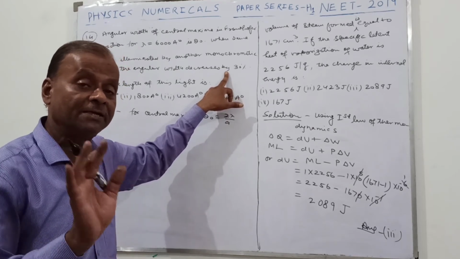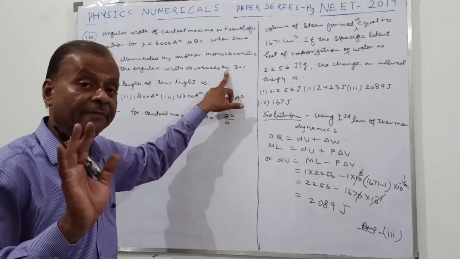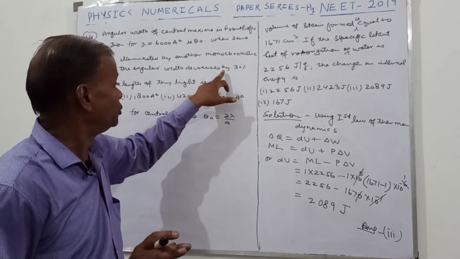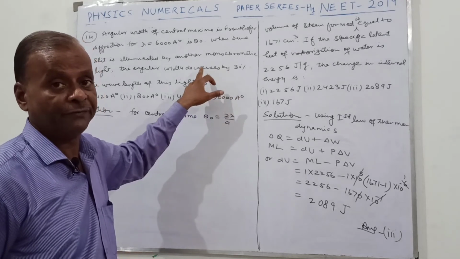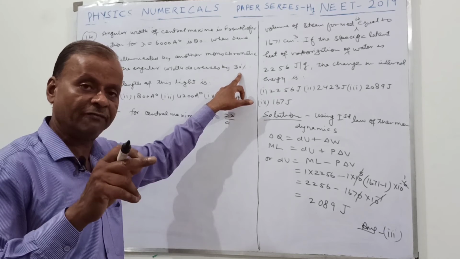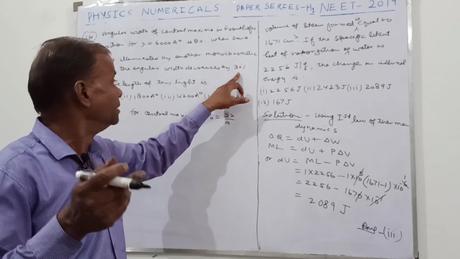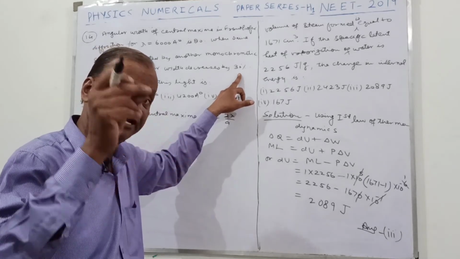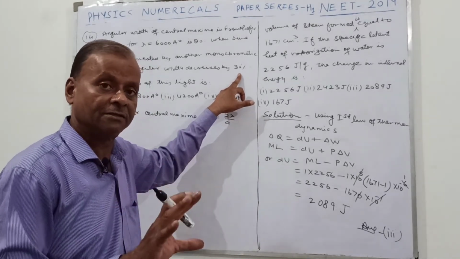This should be kept in mind. When we say by, you have to decrease it from the initial value. When we say decreases to, this means that this is what has been left remaining.